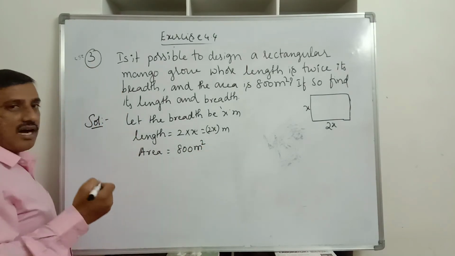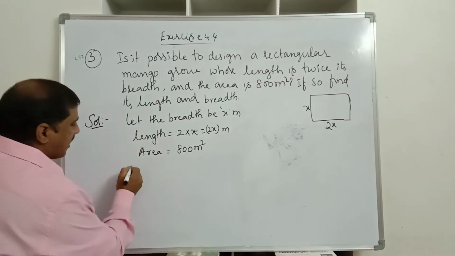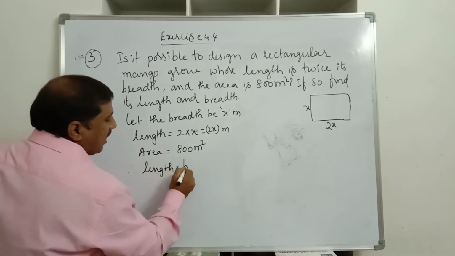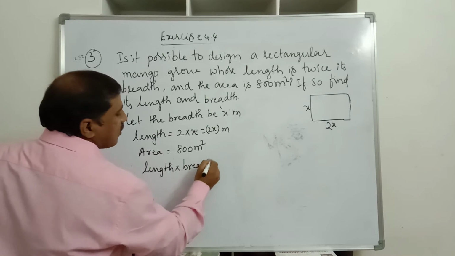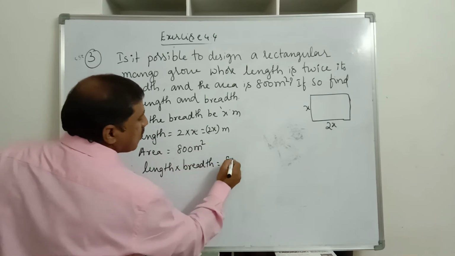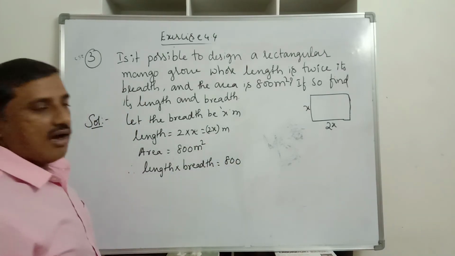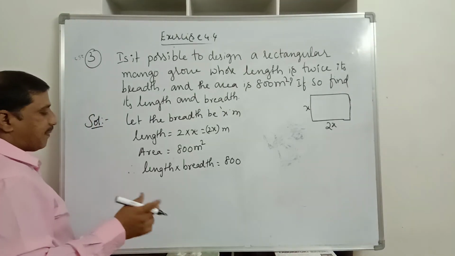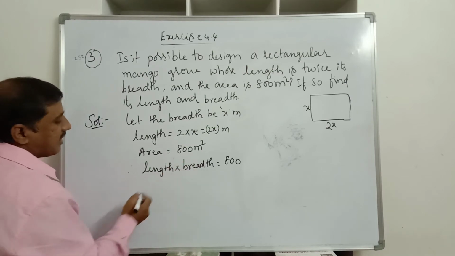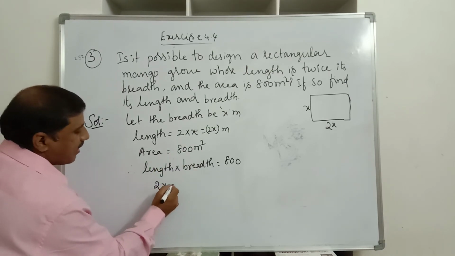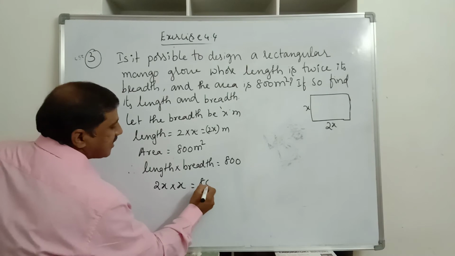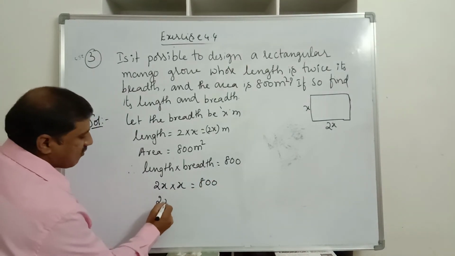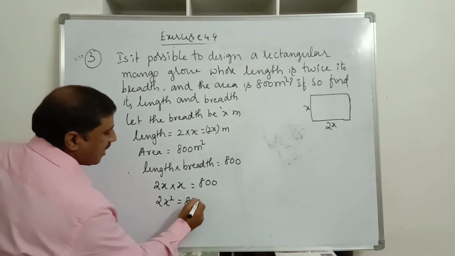Now, what is the area of a rectangle? Area of a rectangle is equal to length into breadth. That is equal to the area of the garden, which is 800 meters square, or just 800. We will ignore the units while solving the problem. Now, length into breadth: length is 2x and breadth is x, that is equal to 800. 2x into x is 2x square is equal to 800.